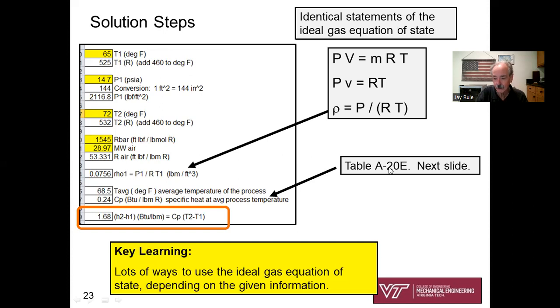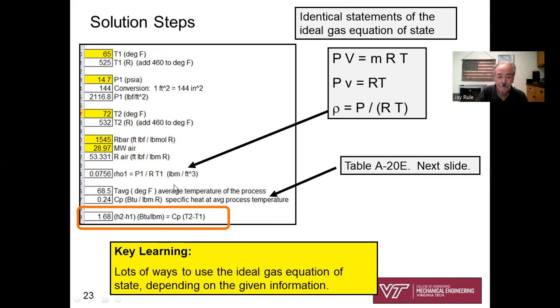We're going to find that CP is 0.24 BTUs per pound mass degree R. We're going to plug and chug. Delta H is CP delta T, and we're going to get 1.68 with the units BTUs per pound mass, energy per pound. That's delta H, energy, BTUs per pound.